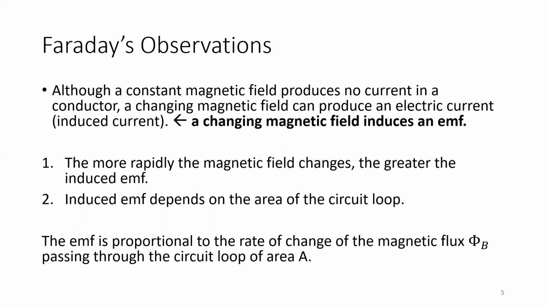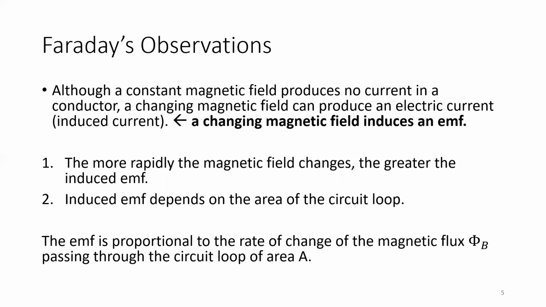But a changing magnetic field is what's going to produce that induced current. So a changing magnetic field induces an electromotive force, or an EMF. The more rapidly the magnetic field changes, the greater the induced EMF.